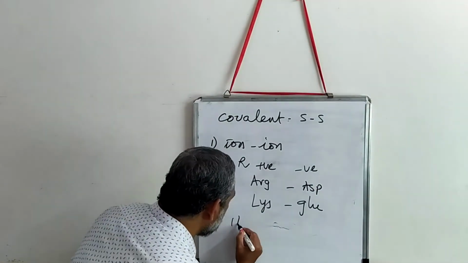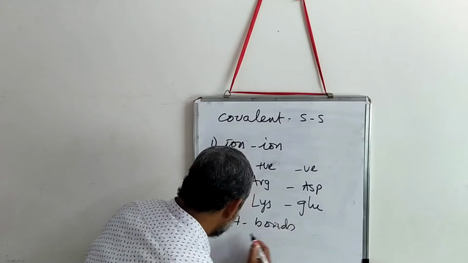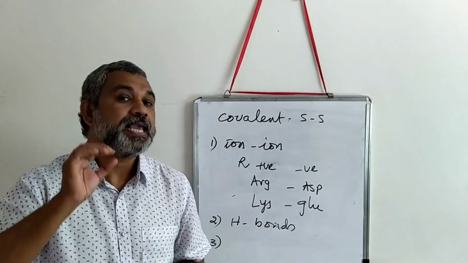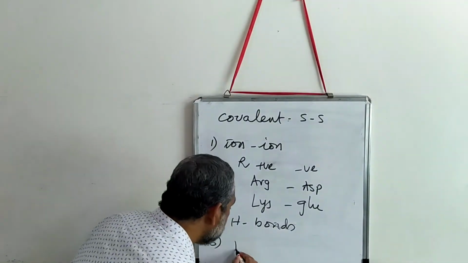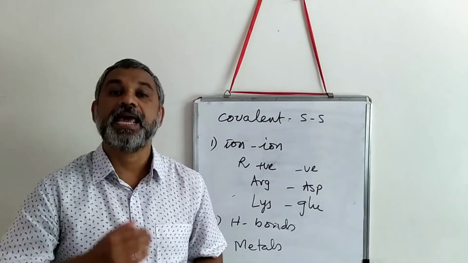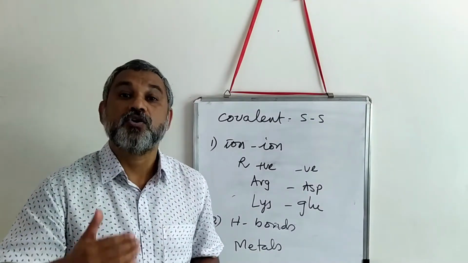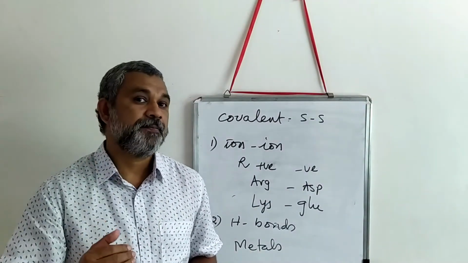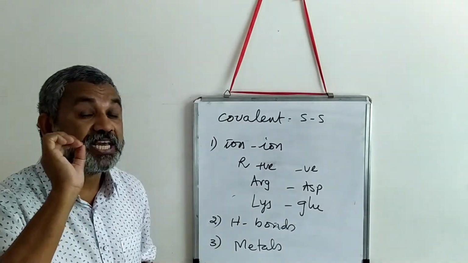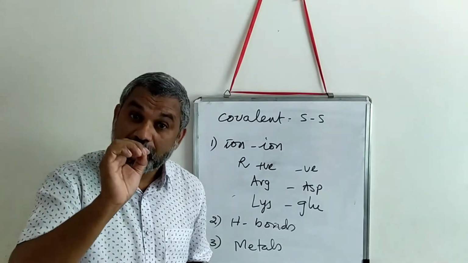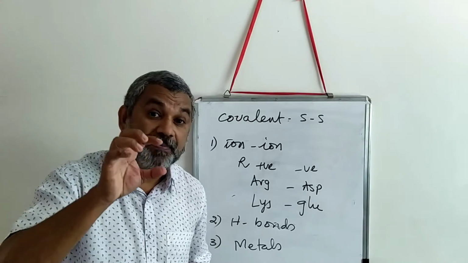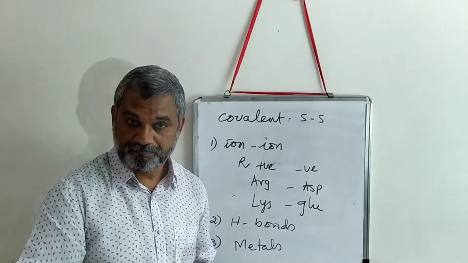The third kind of interaction: in many cases there will be metal ions, divalent cations like manganese, magnesium, cobalt, zinc, etc. These metal ions will interact with negatively charged amino acids like glutamic acid, aspartic acid, etc. and that will stabilize the structure of a protein.